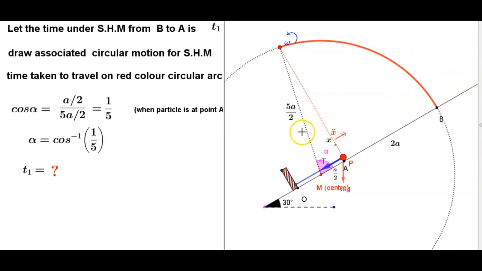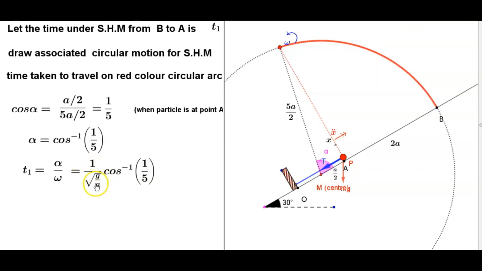Therefore, what is the time t1? T1 is equal to alpha over omega, this angle over omega. The circular motion time is equal to the simple harmonic motion time. This arc makes an angle alpha, therefore the time is equal to alpha over omega, the angular velocity.